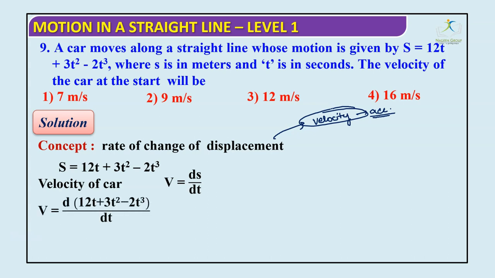So what we will do, we just differentiate this one time and get this result, 12 plus 6t minus 6t square.